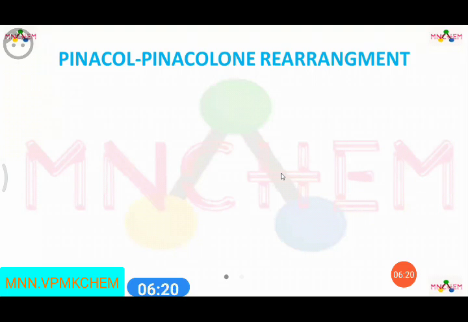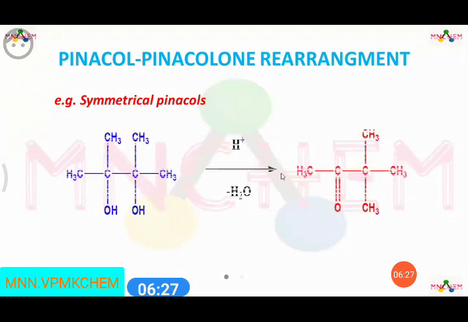Now let's see some of the examples. First case, we have symmetrical pinacols, which give the corresponding pinacolone as the product. Here we can see all the substituents on this vicinal diol, or 1,2 diol, are methyl groups. After rearrangement, it gives tertiary butyl methyl ketone as the product.